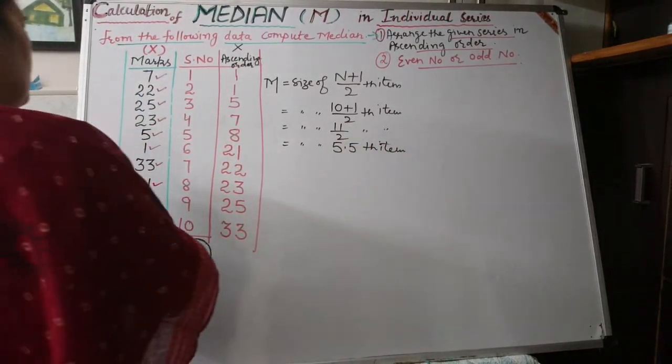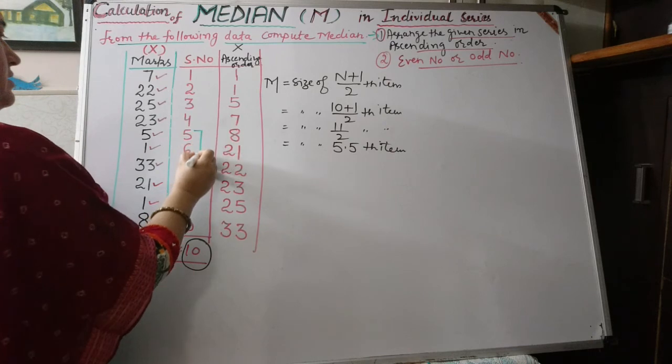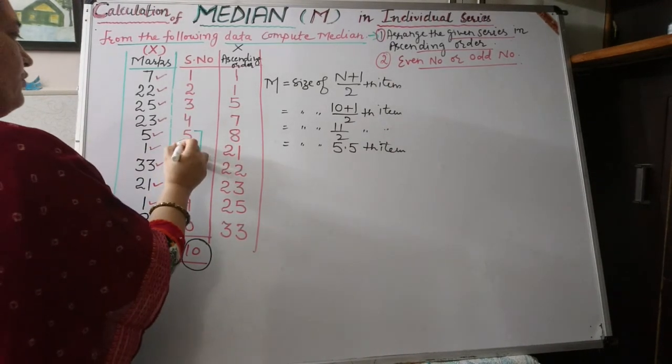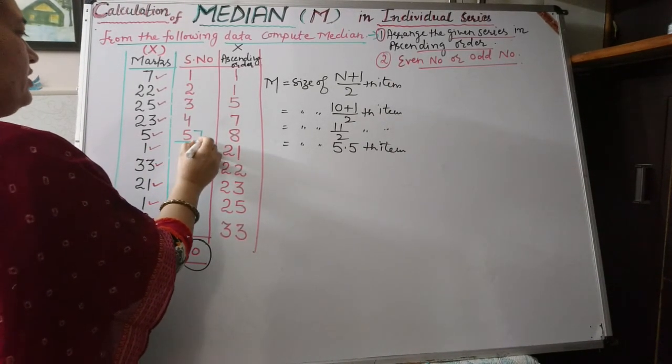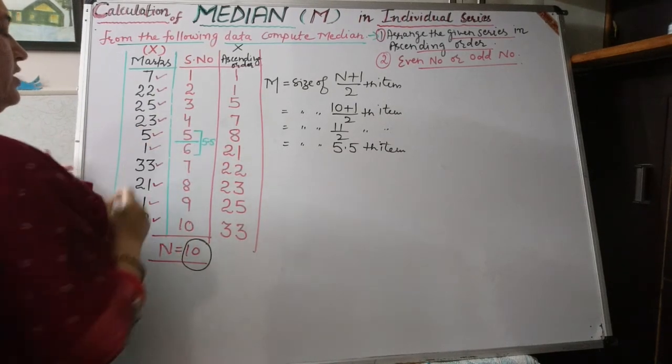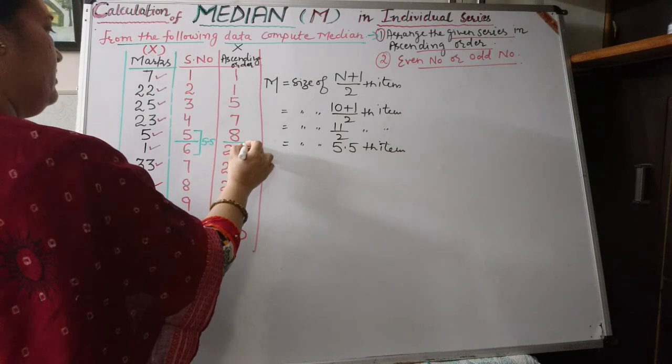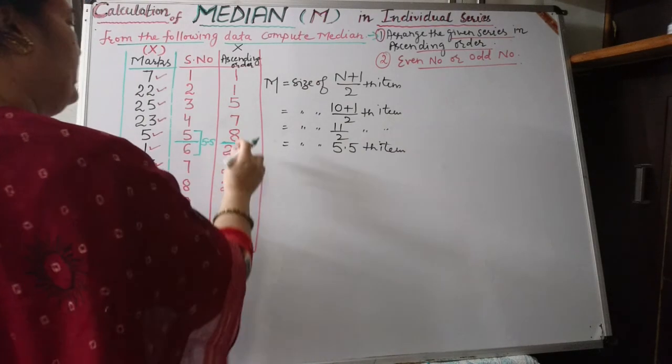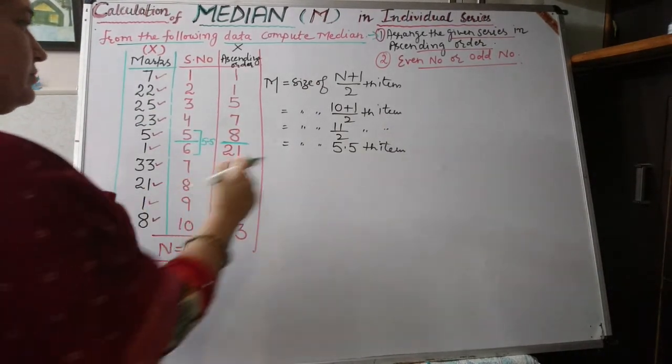So here this is the 5th item and this is the 6th item. 5.5 will lie in between 5 and 6, and our answer will lie in between 8 and 21.